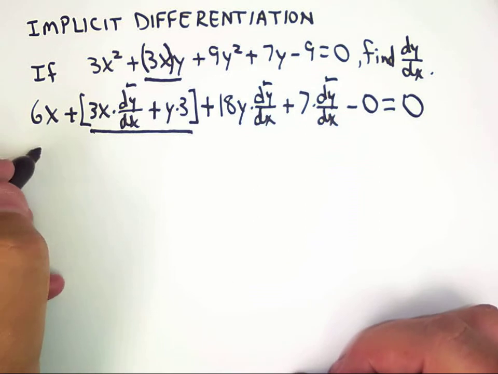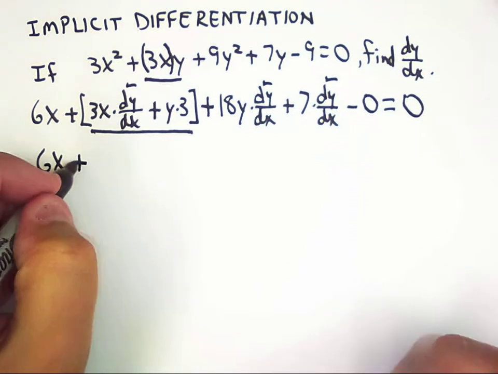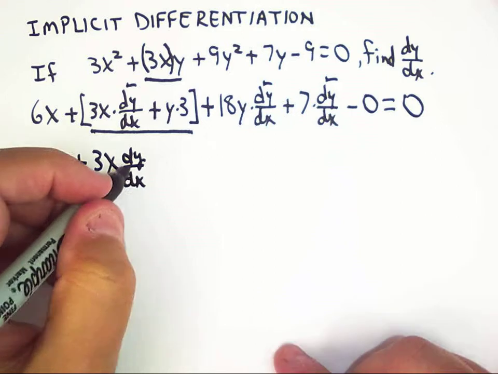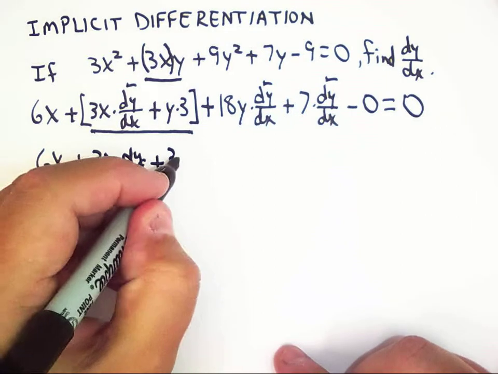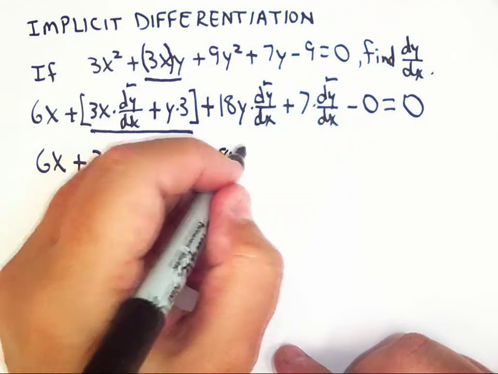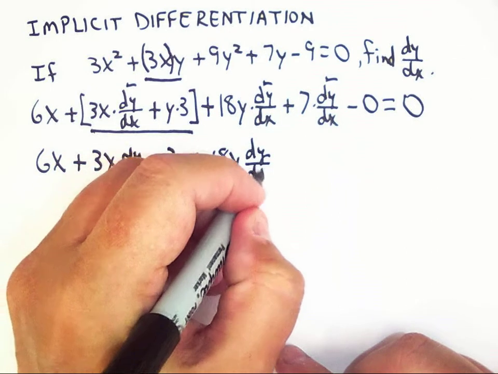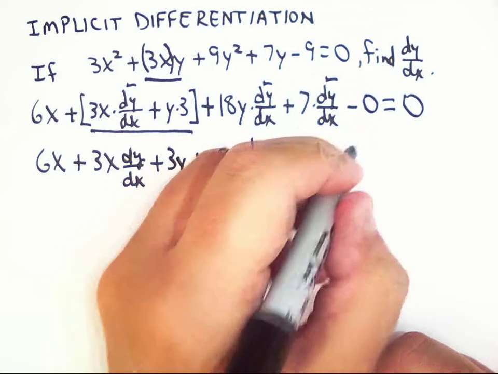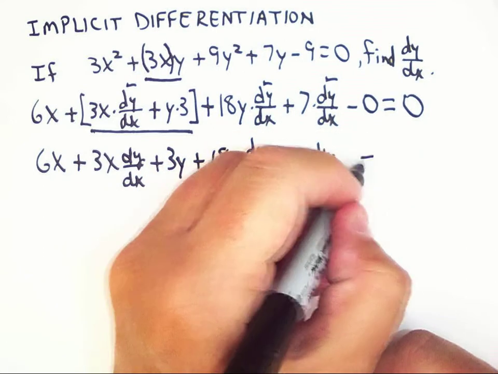So I'll write this as 6x plus 3x dy over dx plus y times 3, more commonly written as 3y, plus 18y times dy over dx plus 7 dy over dx. And then those are all 0, so you just have it equal to 0.